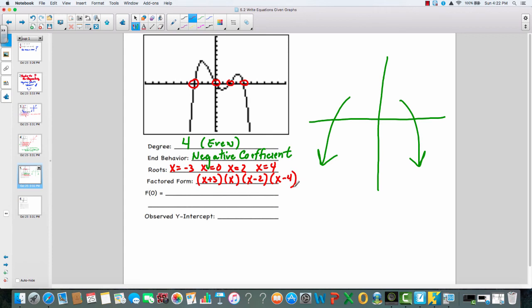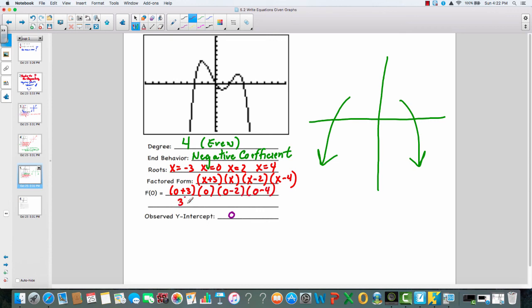Perfect. So, does the picture of this y-intercept, which we observe to be at 0, is that the same as the y-intercept that we would get using our factored form? If so, we're basically done. If not, we have to make an adjustment, so let's take a look. Let's plug in 0 for x. 0 plus 3 times 0 times 0 minus 2 times 0 minus 4.